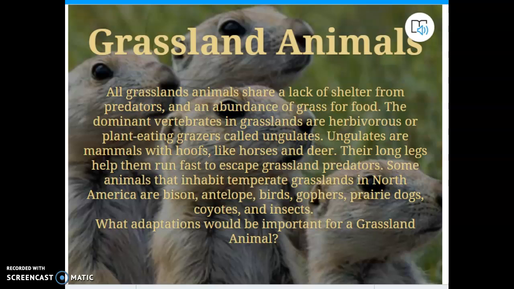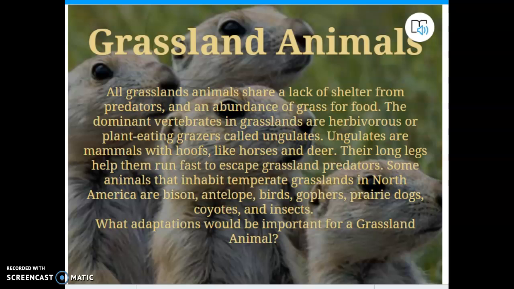Where do you run? It's just flat ground. Lionesses are very fast and they can get you. What do we do? Yes, a lot of these animals burrow underground. They have their homes underground, which is how they are able to survive living in a grassland. That is a very special adaptation that these animals have, that they're able to burrow underground.